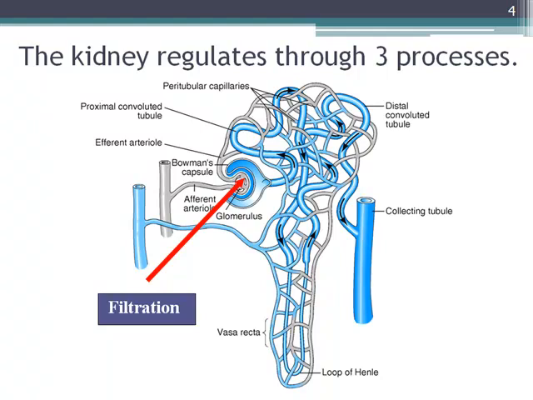Large molecules like proteins, red blood cells. Those don't usually appear in the urine, right? They're not filtered. Everything else, or most everything else, is filtered. Water, waste products, byproducts of medications, electrolytes, all those substances are filtered.